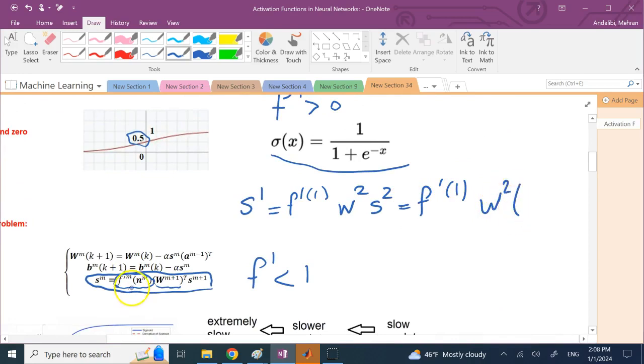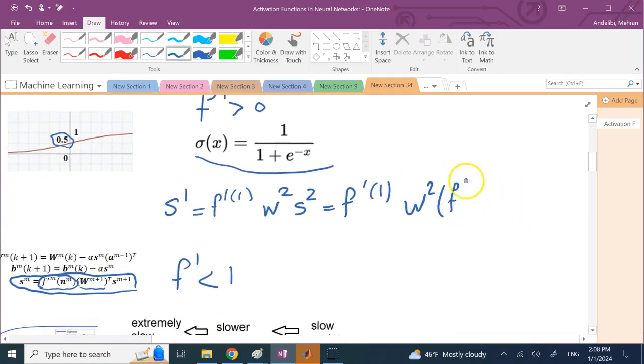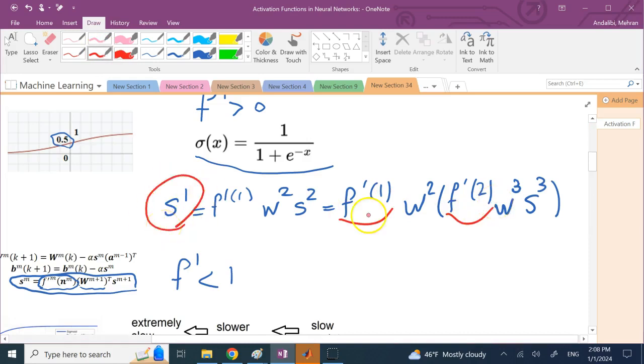Based on this formula, it's F prime of layer 2 times W of layer 3 times S of layer 3. Now let's say layer 3 is the last layer. So you see here that F prime of layer 1 and F prime of layer 2 are multiplied to get to the sensitivity of layer 1. And if you get more and more of these F primes, then the magnitudes of the sensitivities will be small, right? When this F prime is raised to the power n, it's going to be much smaller than the previous ones.